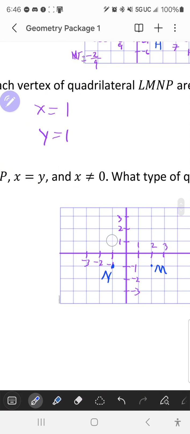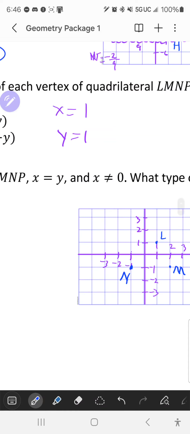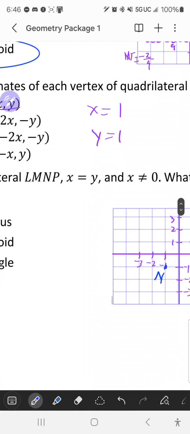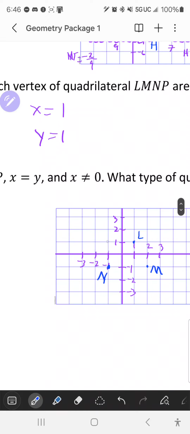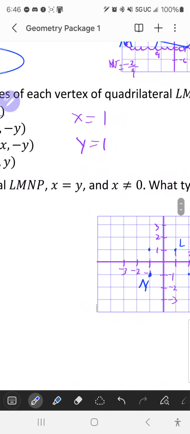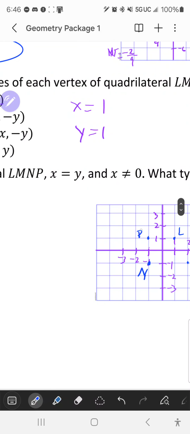Oops, here this is L, this is 1 comma 1. So -1 comma 1, and this is P.